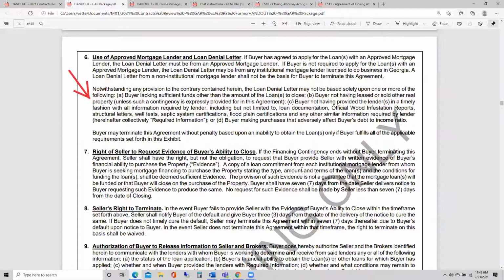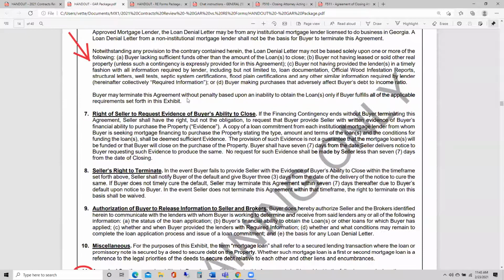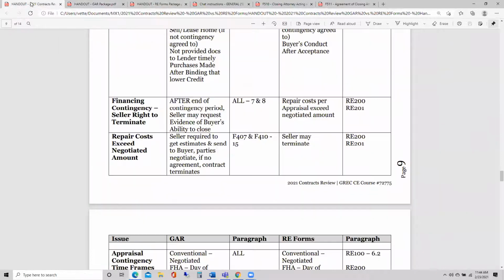This is where it's spelled out about the loan denial letter, so forth and so on. If the buyer does not terminate within the financing contingency time frame, the seller then has the right to request evidence of the buyer's ability to close. In other words, the seller can ask for a loan commitment letter from the lender, and if not provided, the seller then has the right to terminate. Again, there's time frames and notices, and those are all spelled out there.